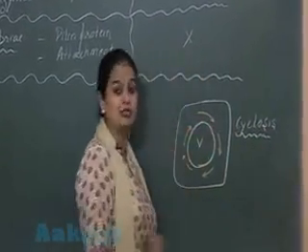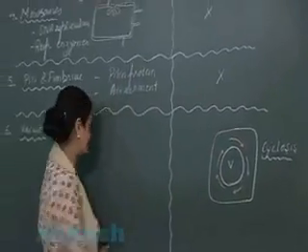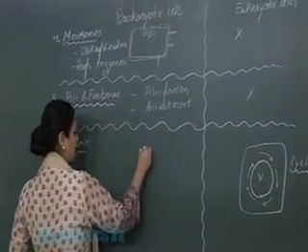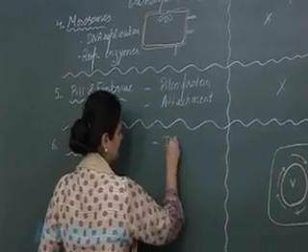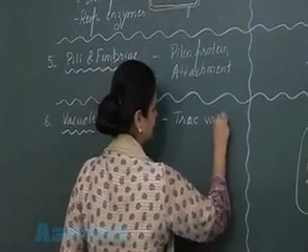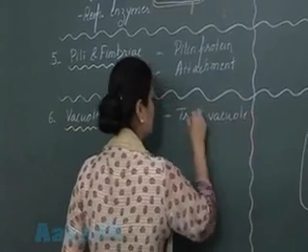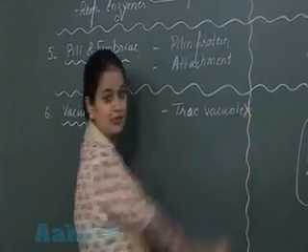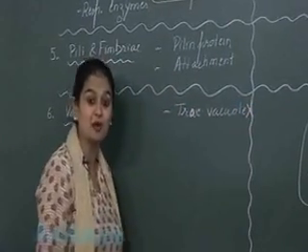Now what is the condition with respect to the prokaryotic cell? In the prokaryotic cell the true vacuole is absent. Membrane bound organelles are absent, so the true vacuole is absent.